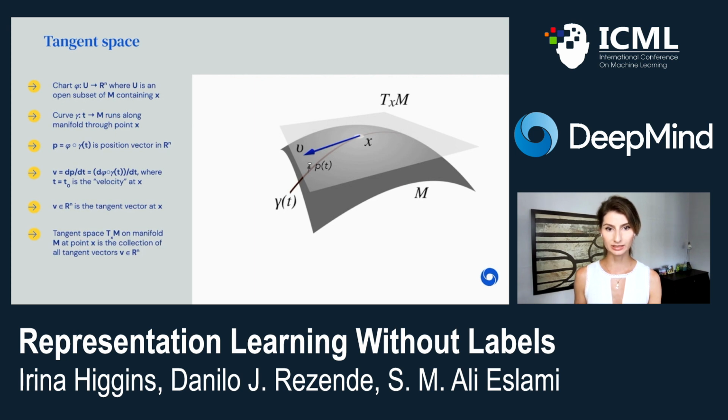Now, gamma of t is just one of the possible paths on the manifold that passes through the point x. There can be many such paths. The collection of all possible tangent vectors obtained from all possible paths that go through the point x on the manifold makes up the tangent space at point x.